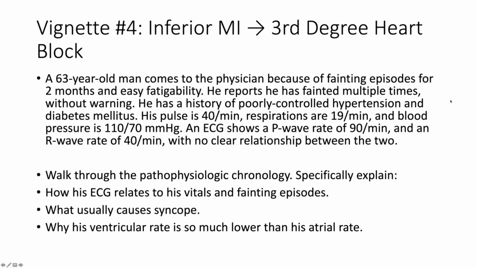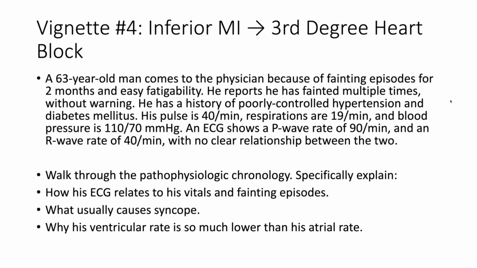Does someone want to see if they can do that or do it faster? Give us a summary of the overall pathophysiologic chronology. If this were a timed test, like your real test, how quickly could you do the big picture? I would just say that his hypertension and diabetes are poorly controlled.